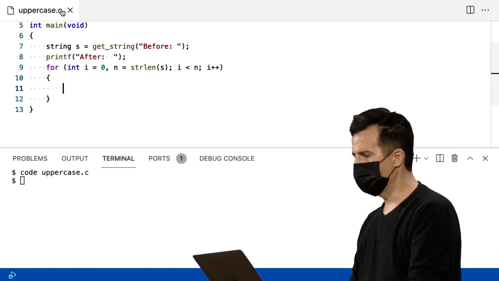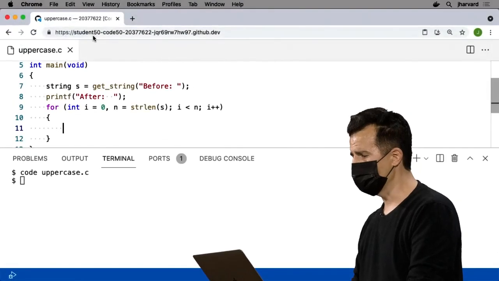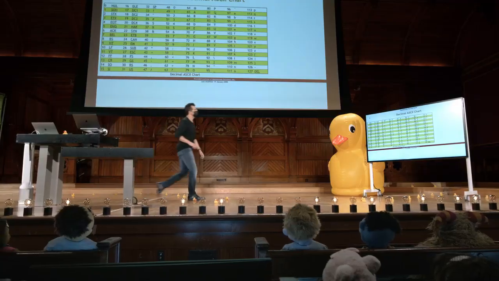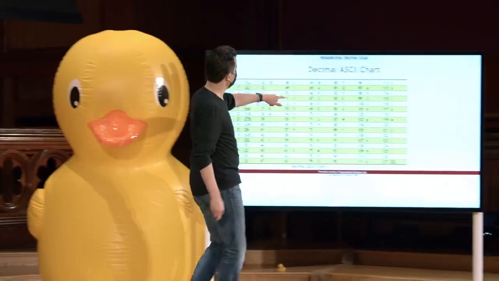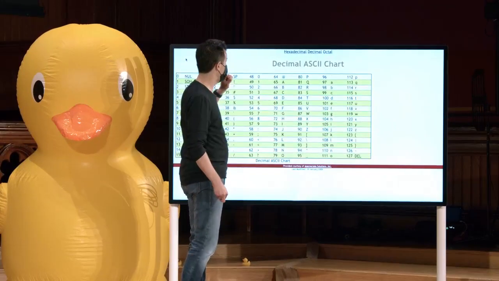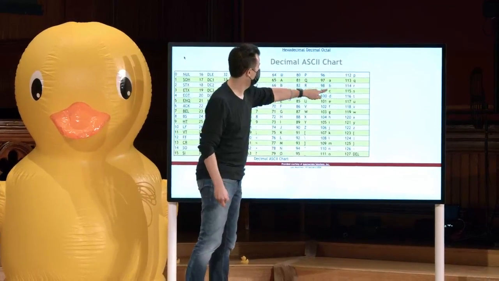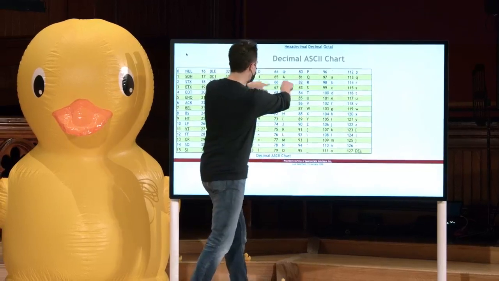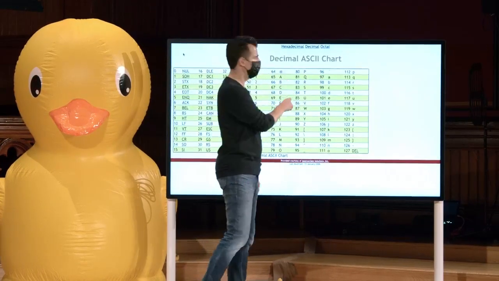Well, you might recall that there is this ASCII chart. So let's just consult this real quick. On asciichart.com, we've looked at this last week. Notice that capital A is 65, capital B is 66, capital C is 67, and here's lowercase a, lowercase b, lowercase c, and that's 97, 98, 99. And if I actually do some math, there's a distance of 32.